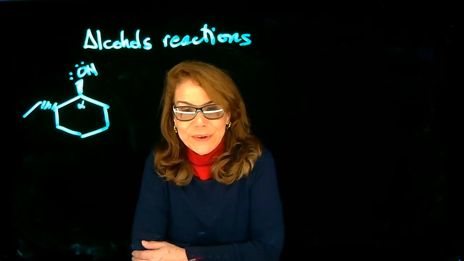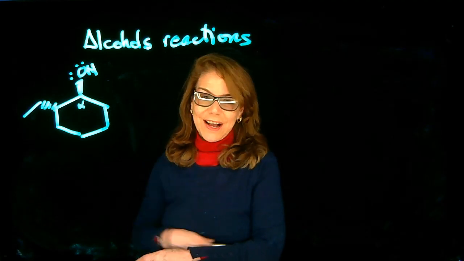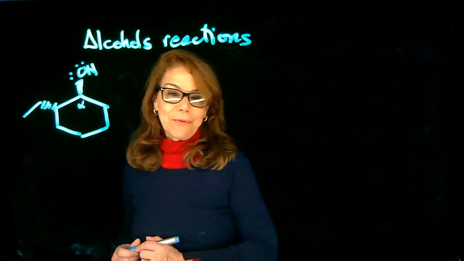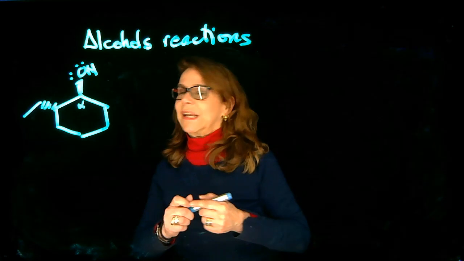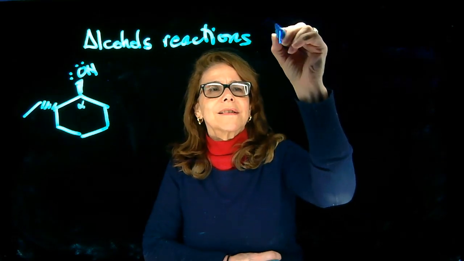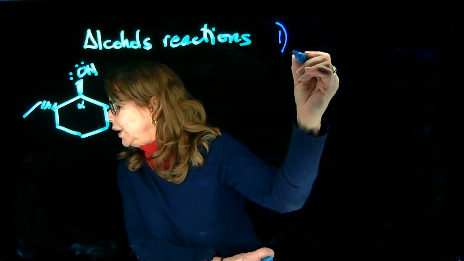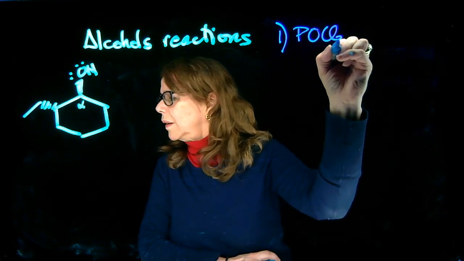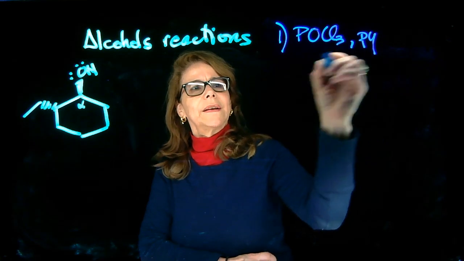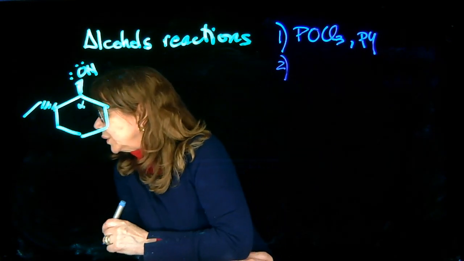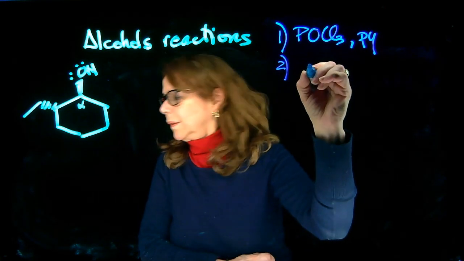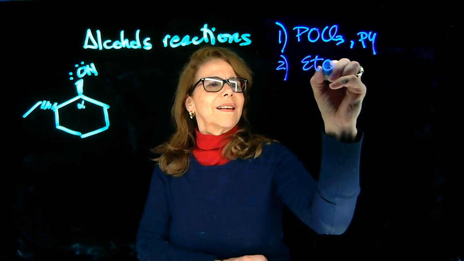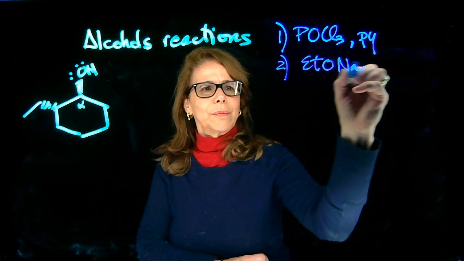Okay, continuing to review reactions of alcohols, starting from the same molecule. Let's treat it now with a different set of reagents. So first, we're going to be doing POCl3 with pyridine. Then we're going to treat it with, say, hydroxide, sodium hydroxide.